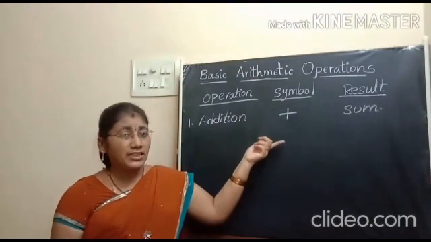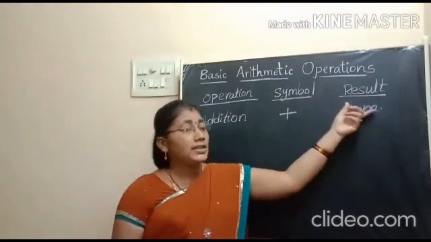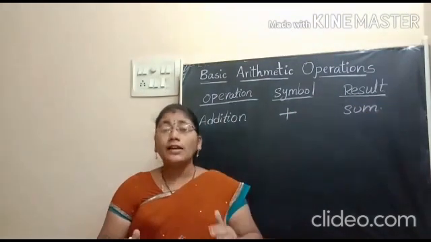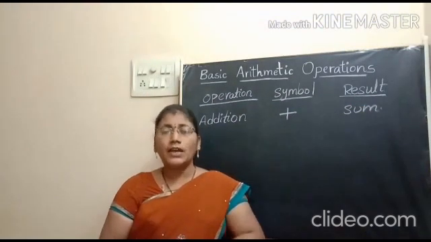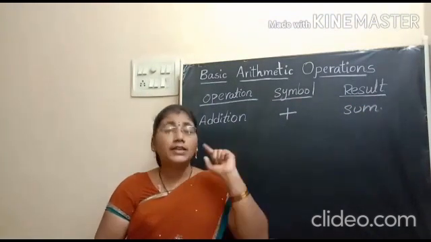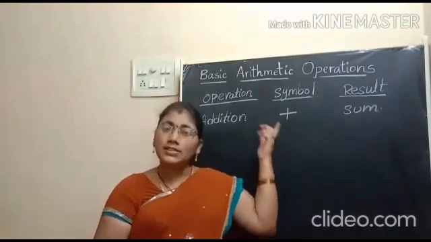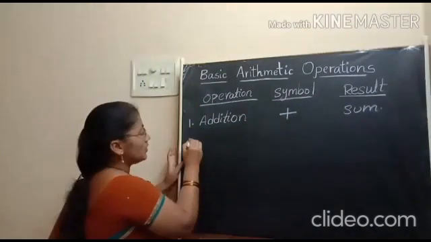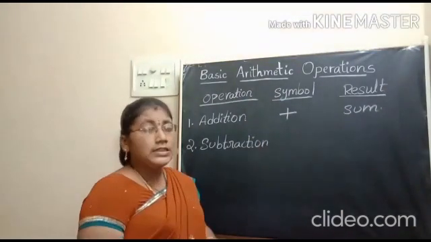Addition is represented by the symbol plus, and we can add two or more numbers at a time. Then we get a result. That result is called sum. The next operation is subtraction.